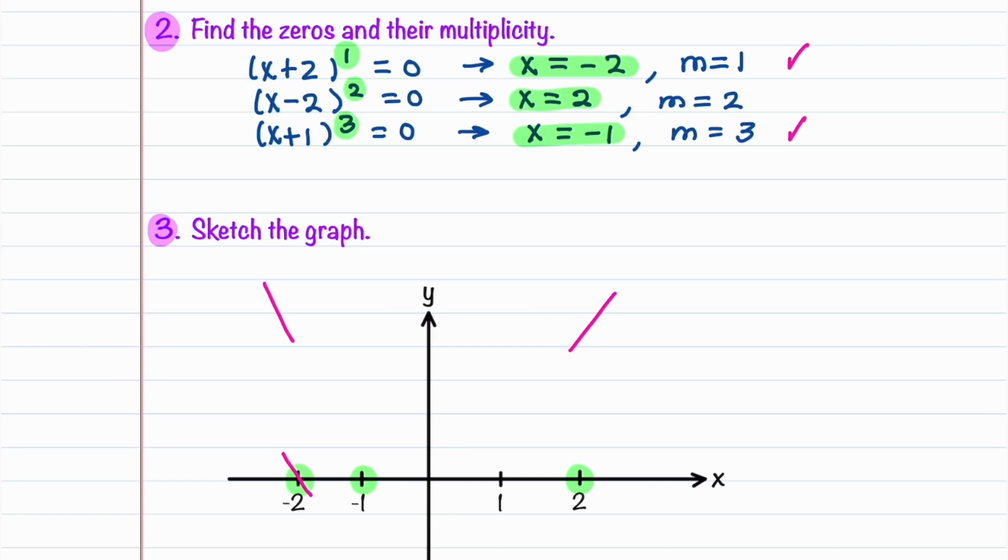That means our graph is going to cross, it's going to come up, and it's going to cross, but it's going to flatten out as it crosses. Now let's look at our last one. X is equal to 2. We have a multiplicity of 2, which means our graph is going to touch and then turn around. So I'm just going to draw a straight line right there. Now let's go ahead and sketch our graph.